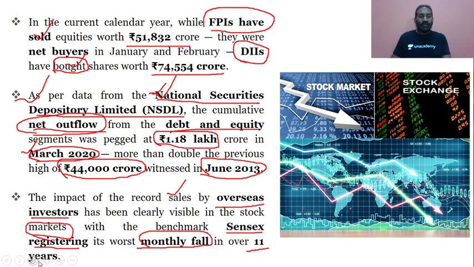This is because of the pandemic and the panic selling taking place across the globe, which has impacted even the Indian equity market and the benchmark Sensex, the sensitive index of the Bombay Stock Exchange. It is the worst monthly fall in 11 years. So this is the impact of COVID-19 on the equity markets.